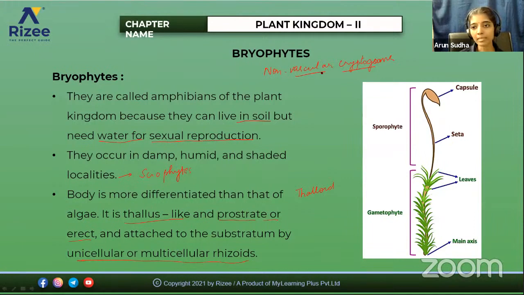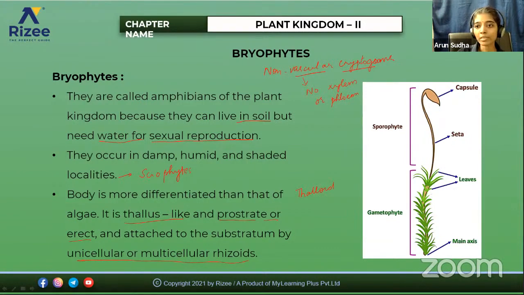In these cases the reproductive organs are hidden, so they are called cryptogams. And also they are non-vascular, that is, there is no xylem or phloem, no vascular tissues. Xylem is for the conduction of water and phloem is for the conduction of food substances.